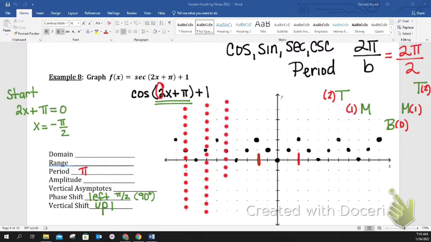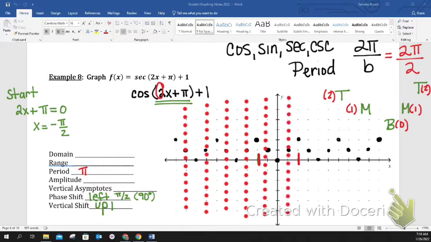It's every 90 degrees that we have an asymptote. In the ones we did yesterday, we had an asymptote every 180 degrees. But this one, because our period is only 180, we have our asymptotes every 90 degrees. So every time you have a point at 1, you just need to draw in your asymptote.